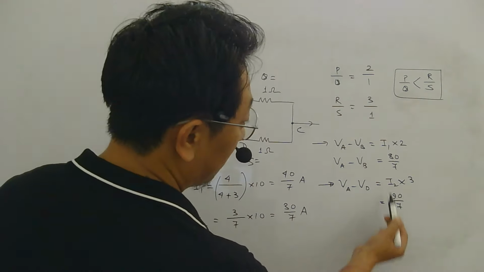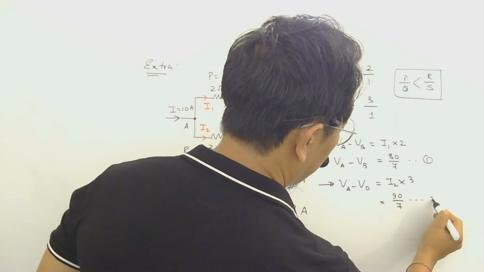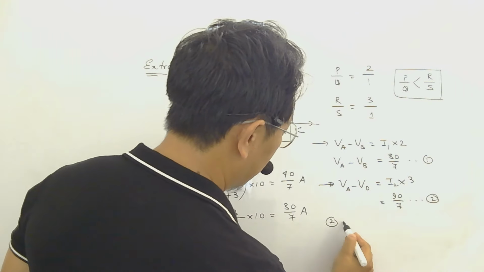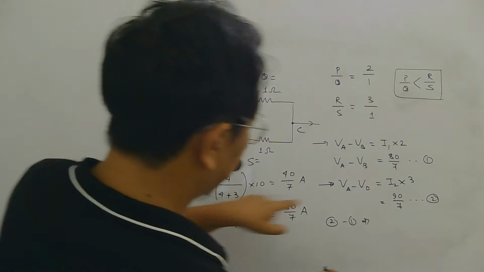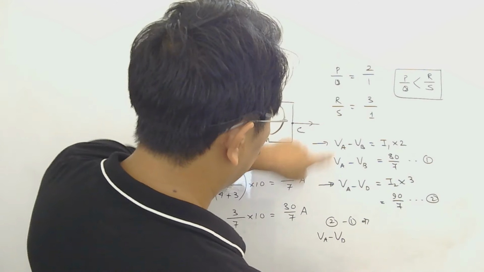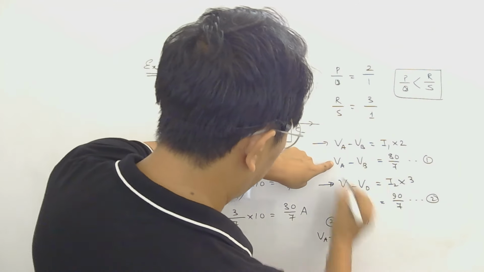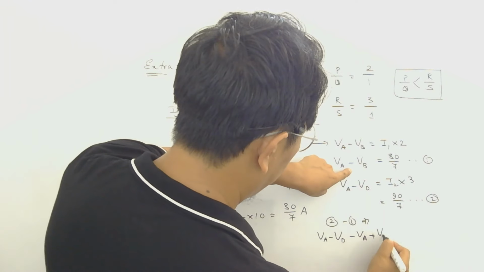Now I know this is bigger than this, so let me subtract this equation and this equation. So equation 2 minus 1. What will I get? Equation 2 is VA minus VD. Equation 1 is VA minus VB. Subtract means this will become minus VA, this will become plus VB.